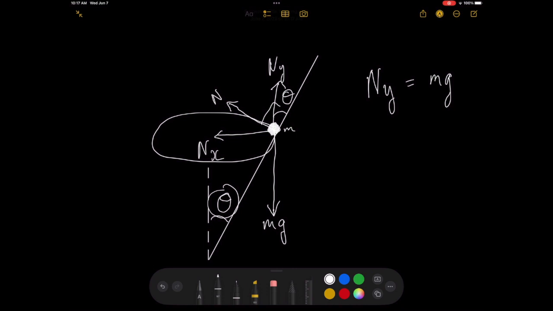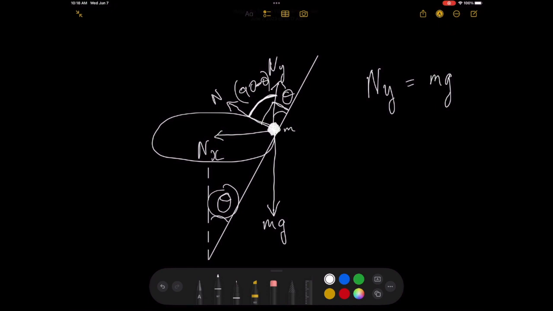And if this angle between the normal force and the cone is 90 degrees, then this angle right here has to be 90 minus theta.